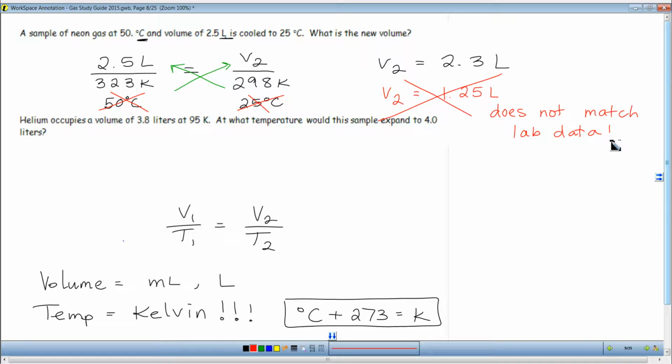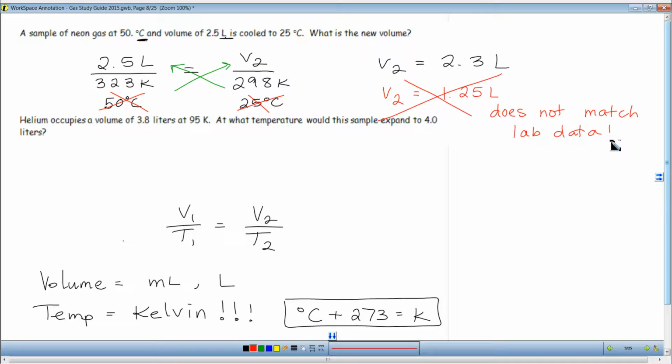And you can go in the lab and do this experiment. You could take a balloon, 2.5 liter balloon at 50 degrees, and cool it to 25 degrees, measure the new volume. It's not 1.25. It just doesn't go down by half. It goes down, but volume and temperature are only directly proportional when the temperature is measured in Kelvin, based on experimentation.